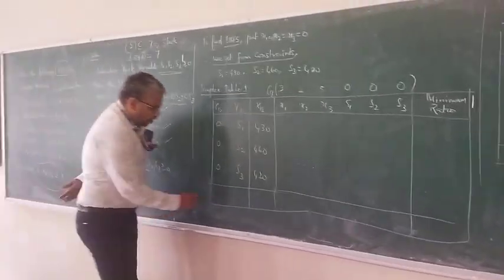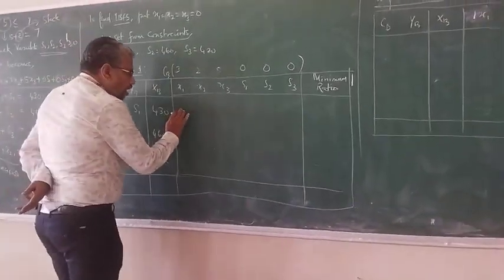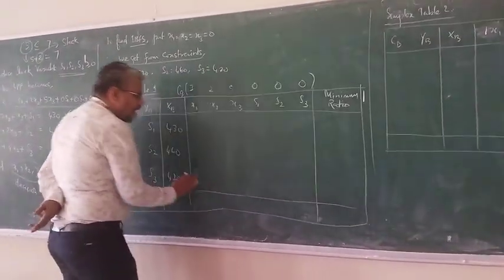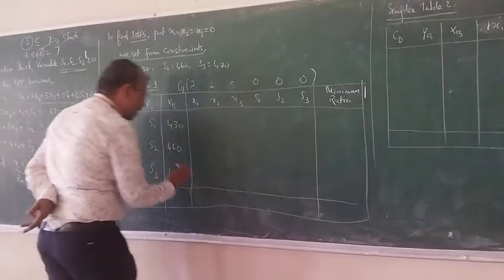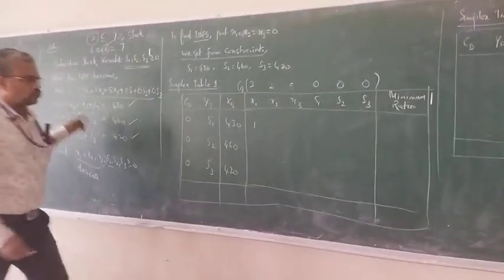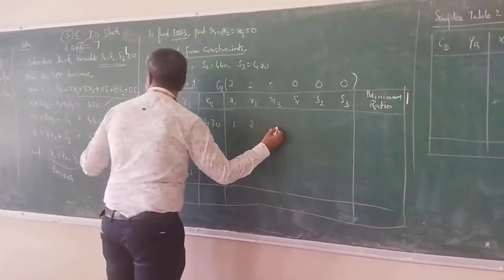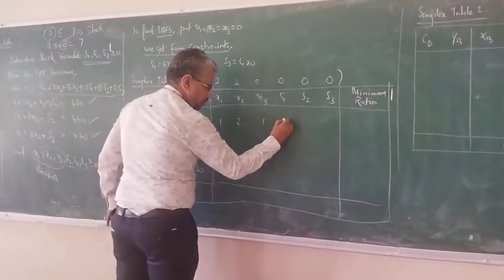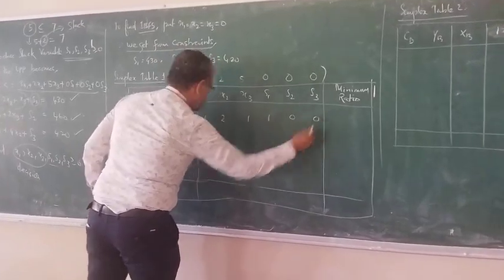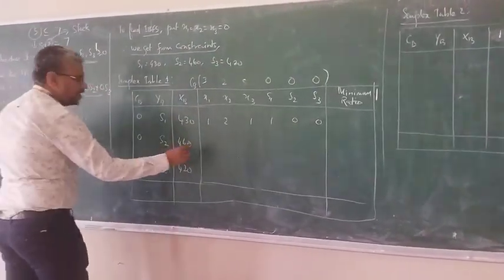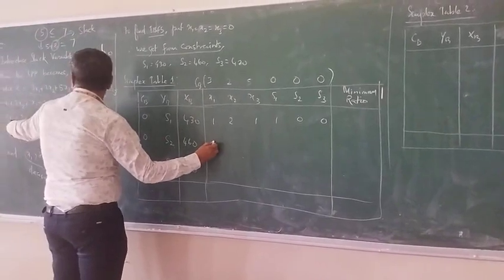Right. Now I am going to write the constraint coefficients over here. Take the first equation. What is the coefficient of x1? 1, so put 1 over here. Similarly, the coefficient of x2 is 2, so put 2. Similarly x3, 1. For the second equation, the coefficient of x1 is 3.